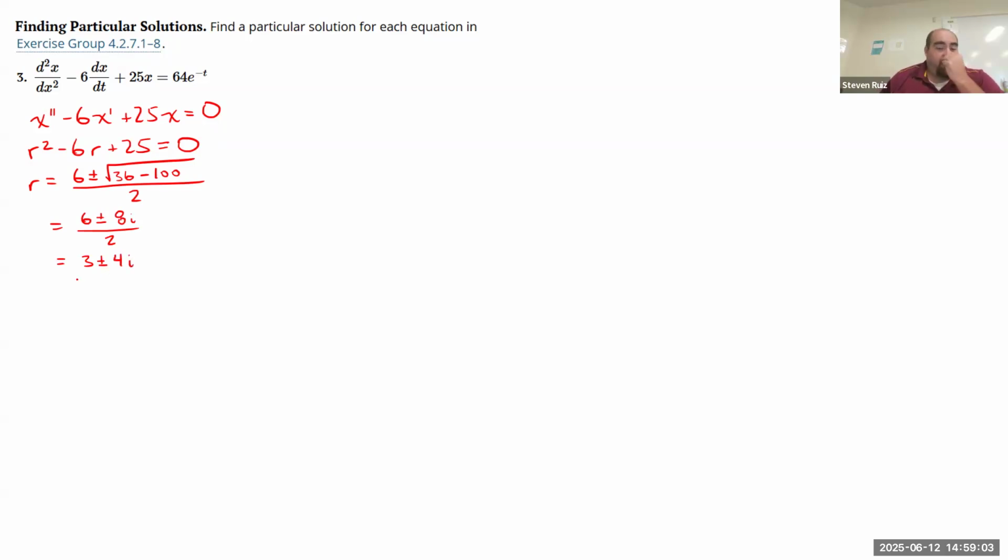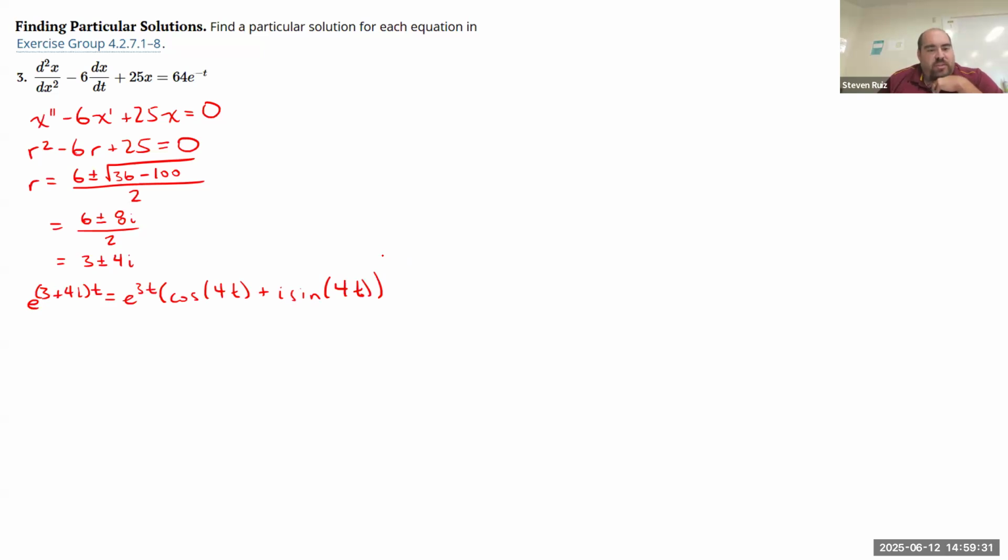All right, so what does that mean for my roots? So e to the (3 plus 4i)t is equal to e to the 3t times cosine 4t plus i sine 4t.